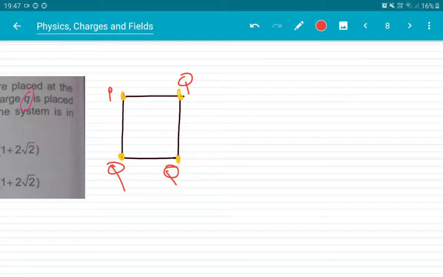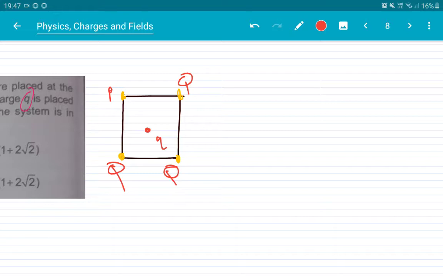Now he's asking a small q also placed at the center. I'm sorry, I forgot it. That's the main part of the question. So we need to find the charge q such that the net force is 0.